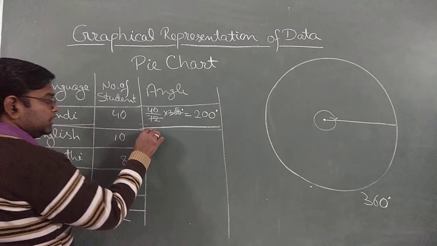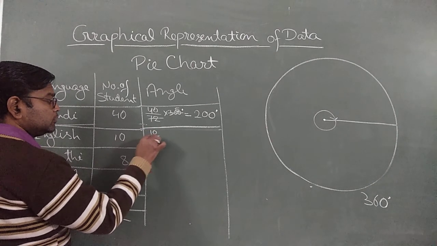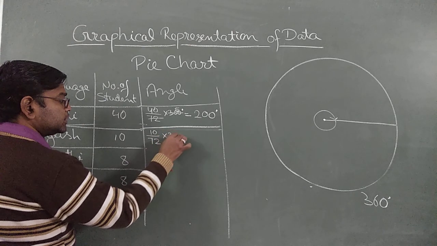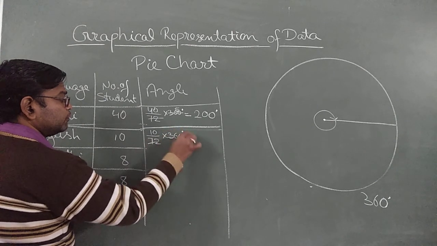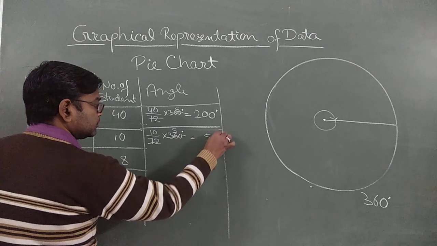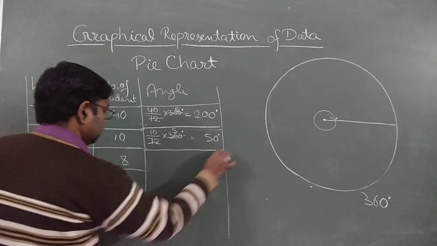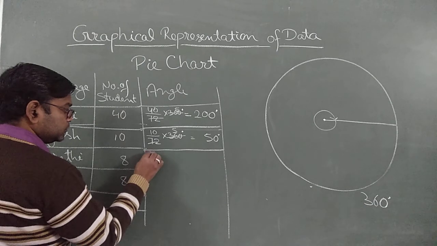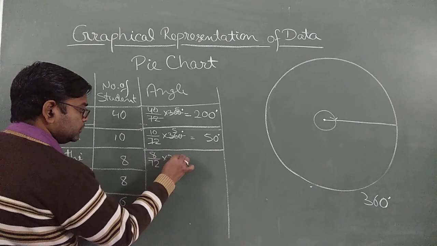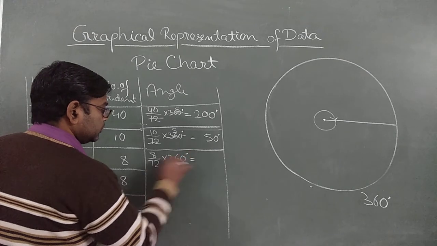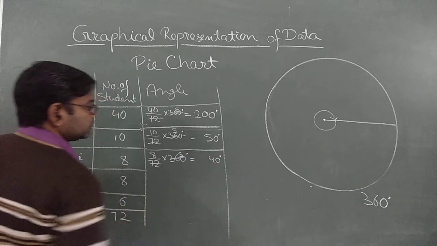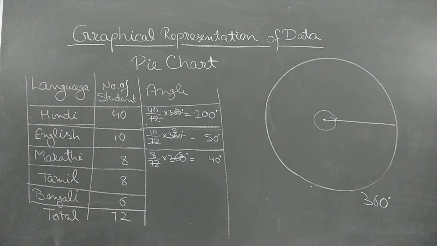Similarly, in case of English, 10 students out of 72 multiplied by 360 degrees; 72 fives are 360, so it is 50 degrees. Then 8 upon 72 into 360 degrees equals 40 degrees. Clear?